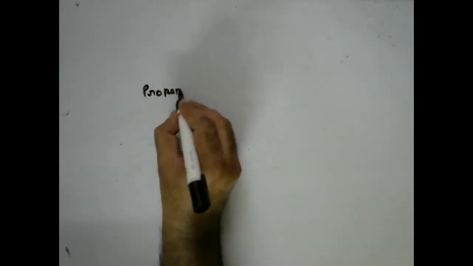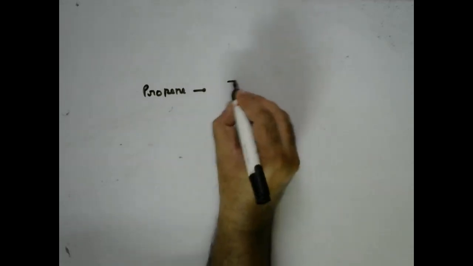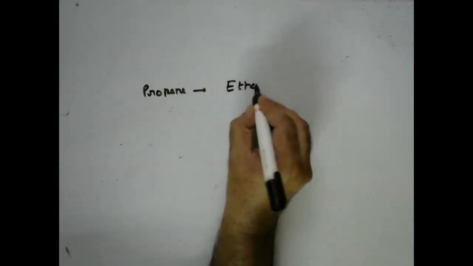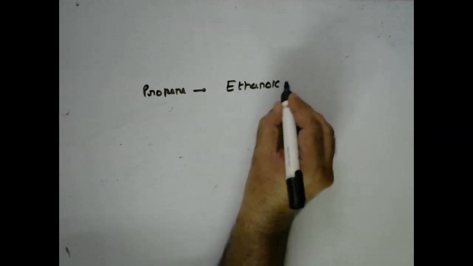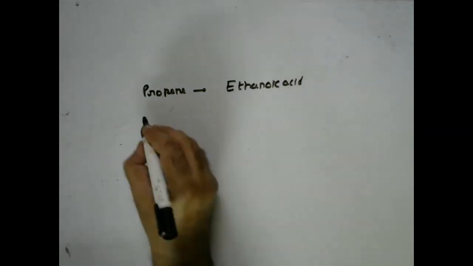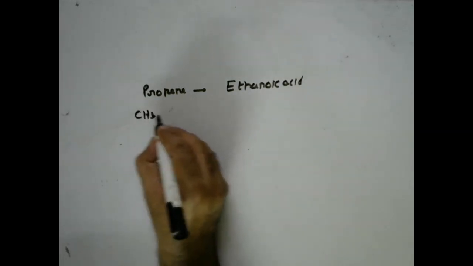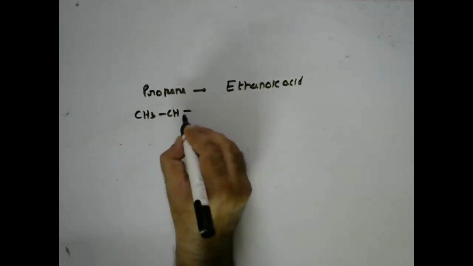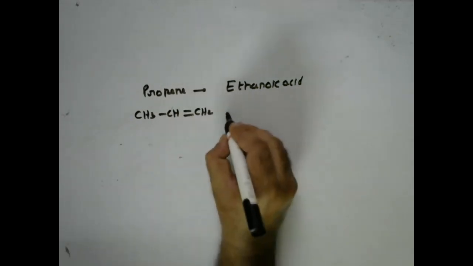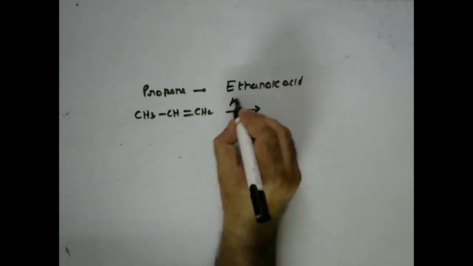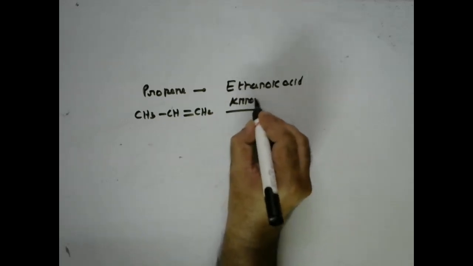Now suppose somebody asks you to convert propene into ethanoic acid. So we have propene, CH3, CH, double bond CH2. We put KMnO4, H plus.